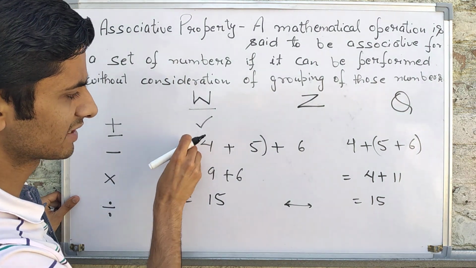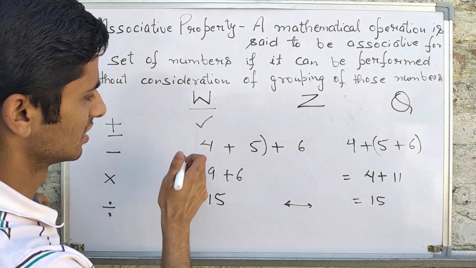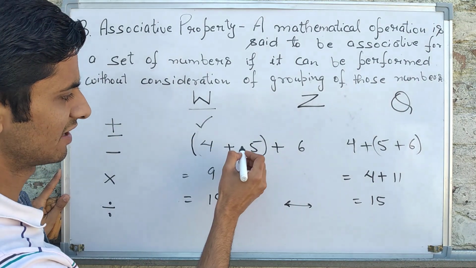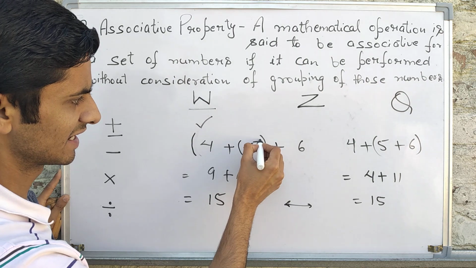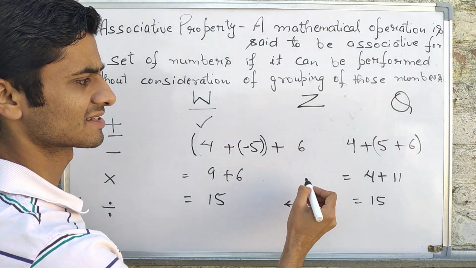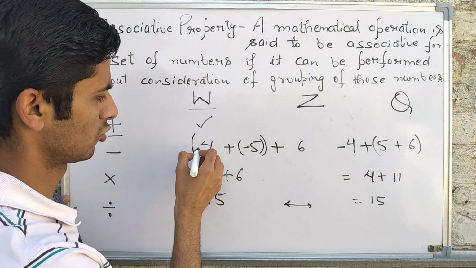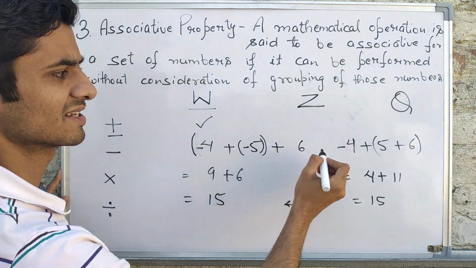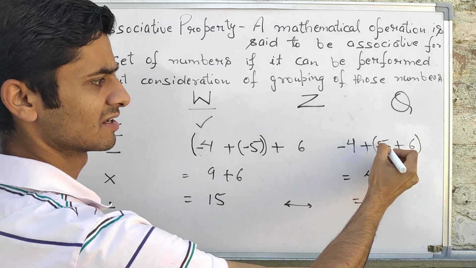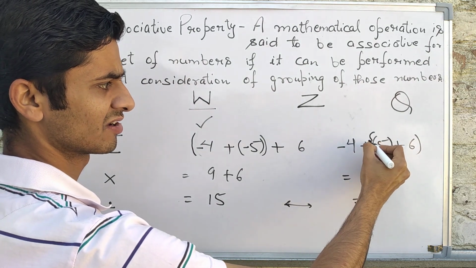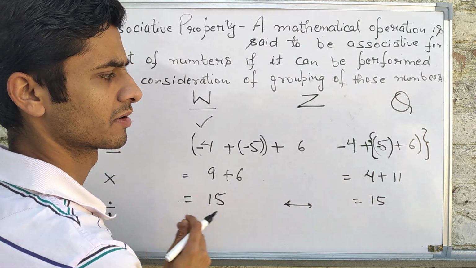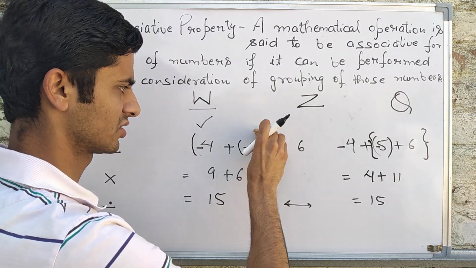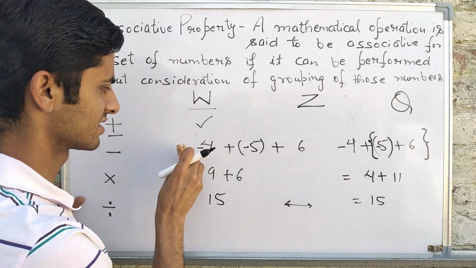Okay, let us make over here some integers. Although these are also integers, let us add some negative numbers also. Let us make it -4 plus -5 plus 6, and -4 plus -5 plus 6. Let us use this bracket so that you understand it easily.